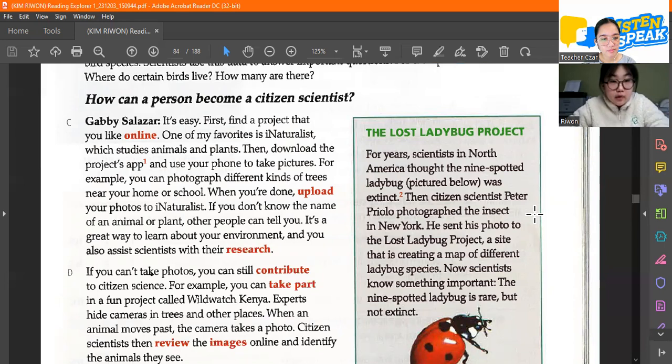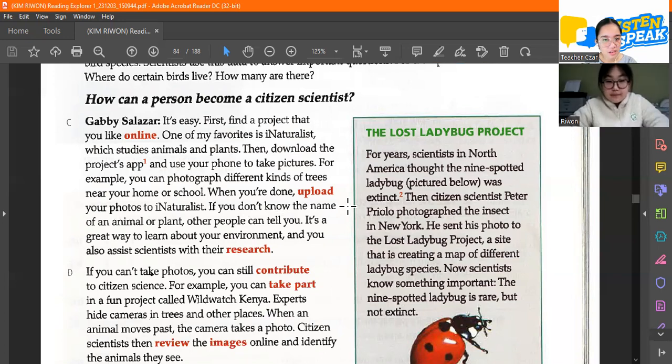For example, you can photograph different kinds of trees near your home or school. When you're done, upload the photos in iNaturalist. If you don't know the name of an animal or plant, other people can tell you. It's a great way to learn about your environment, and you also assist scientists with their research.